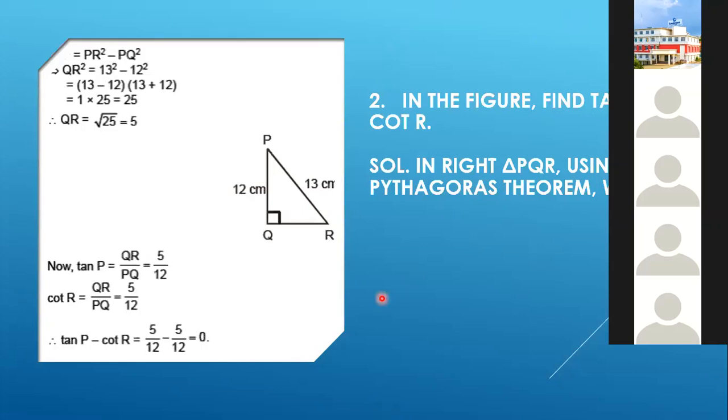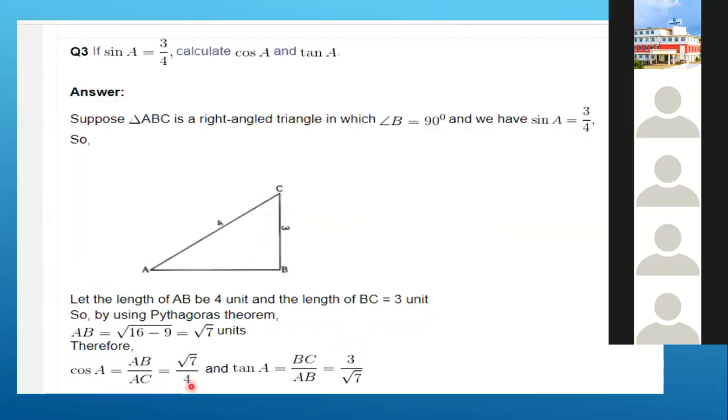Who is answering? Rishita. Yes, Rishita, tell me. Cos A is root 7 by 4, and tan A is 3 by root 7. Very good. Tan A is 3 by root 7. Correct answer. Only 4 of them got the answer. Even I got the same answer. Yes, good.